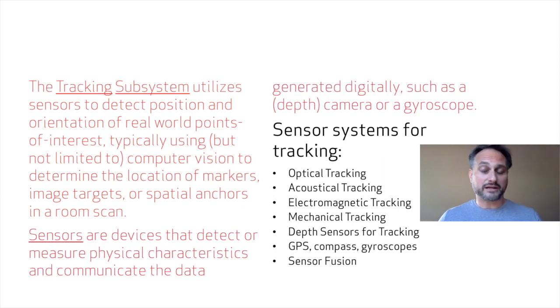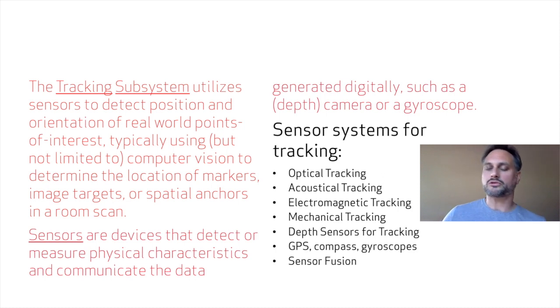There is also acoustical tracking and electromagnetic tracking, or mechanical tracking, where the position of cogwheels and arms determines the position of something, popular in museum installations, for example. There are then depth cameras for tracking in the more advanced devices.